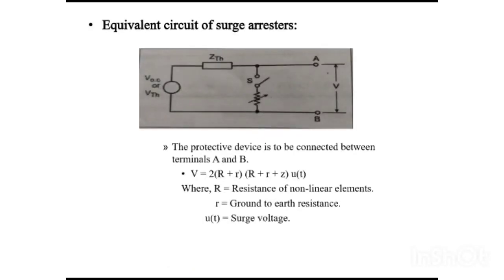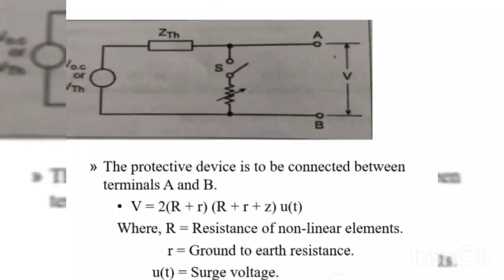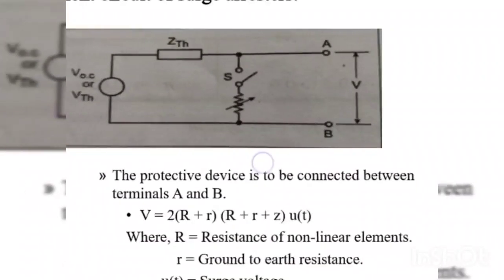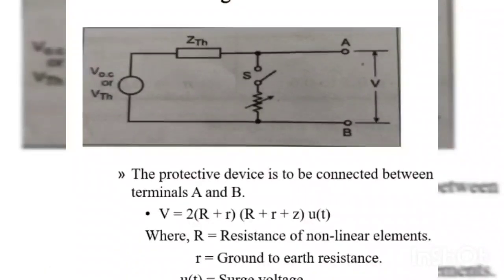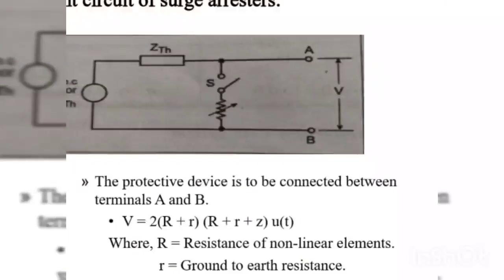This is the equivalent circuit of a surge arrester. The protected device is to be connected between the terminals A and B. You can see this diagram, a Thevenin's circuit, where the protective device is placed between points A and B. Hence, the equation formed is V equals 2R over (R plus r plus Z) into U of t, where capital R stands for the resistance of the non-linear elements, small r stands for the ground to earth resistance, and U of t is the surge voltage.